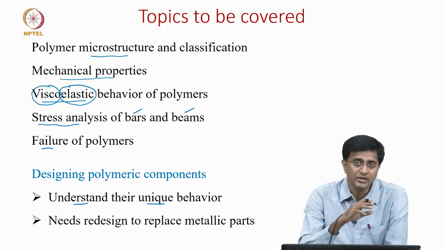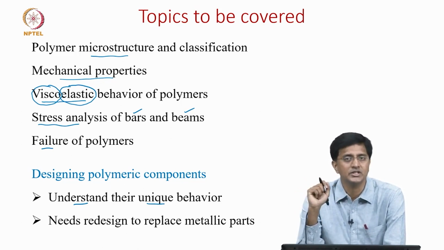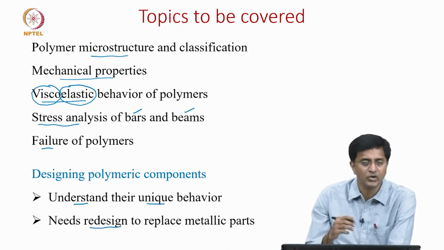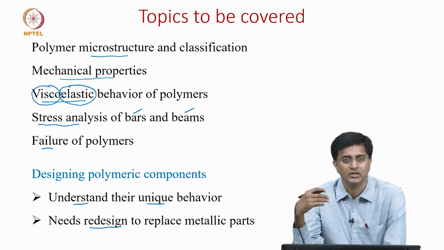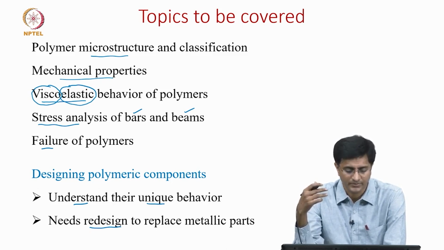Let us say I want to replace a steel shaft with a polymer shaft. I cannot simply copy the same design. It needs a complete redesign, because the properties are different and the way these materials behave is different, as well as the way these materials are manufactured is also different.